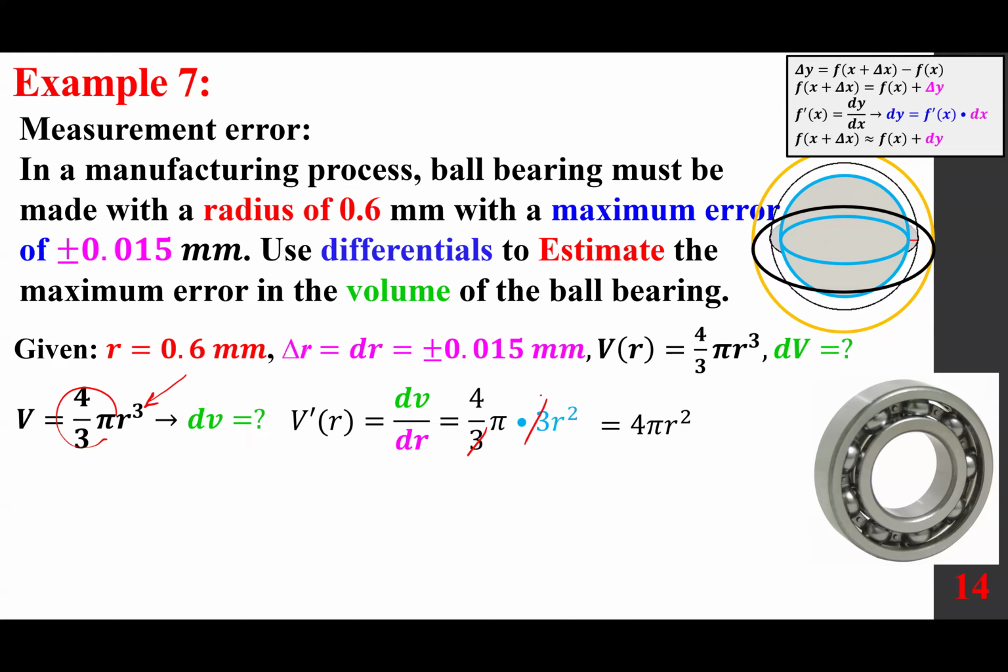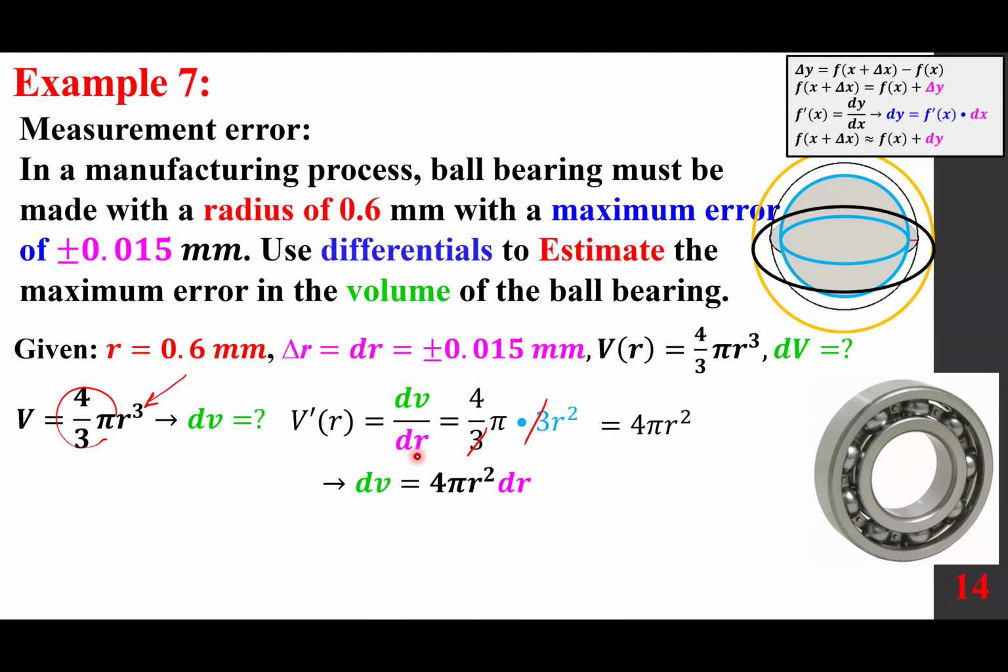And we end up with 4 pi r squared. This is v prime of r, or dv dr. And what is dv? 4 pi r squared times dr. So we are in business.